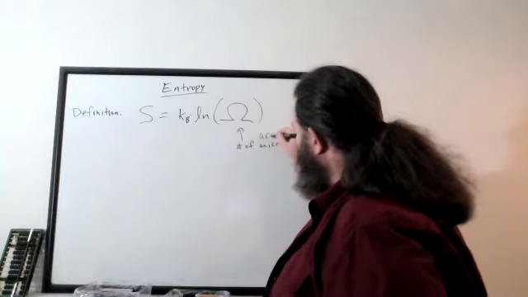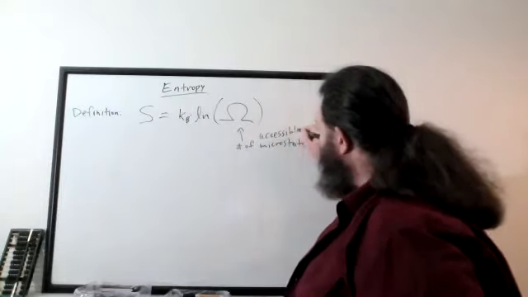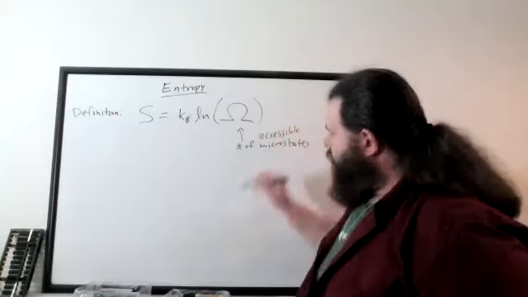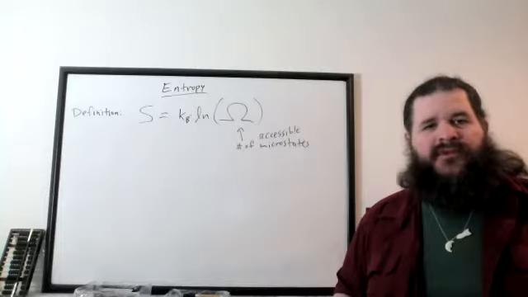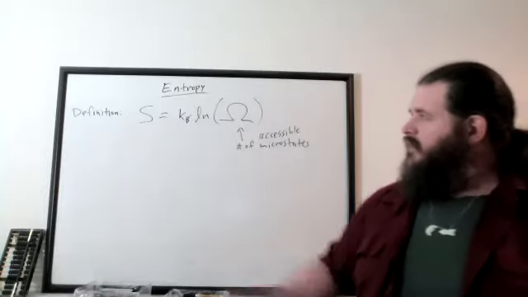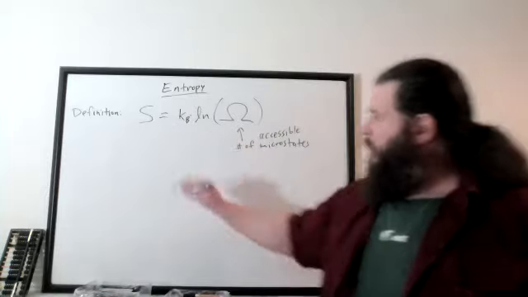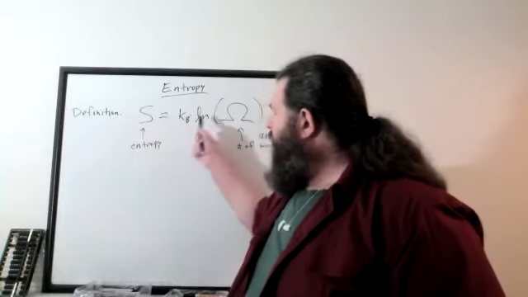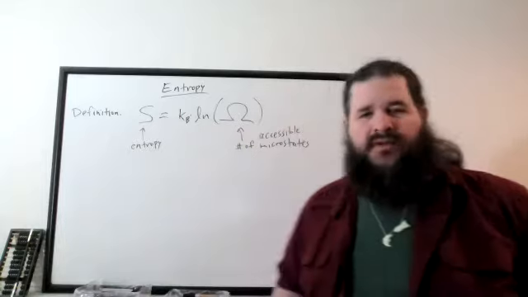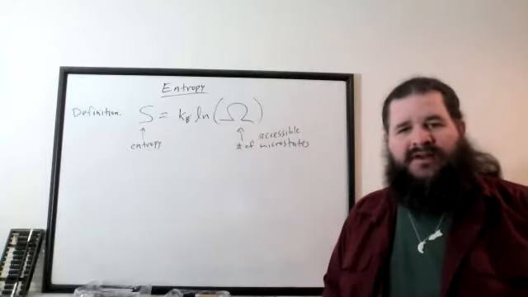Or usually we describe this as the number of accessible microstates, in the sense that there might be some microstates that aren't currently possible, so we wouldn't count those. But the entropy is really just measuring the number of microstates, modified by a logarithm and Boltzmann's constant to make the numbers more convenient to work with.